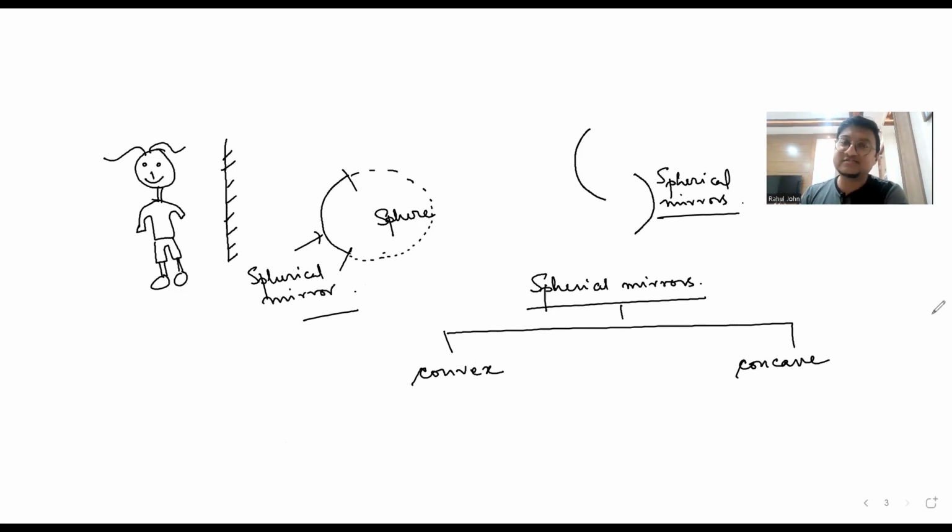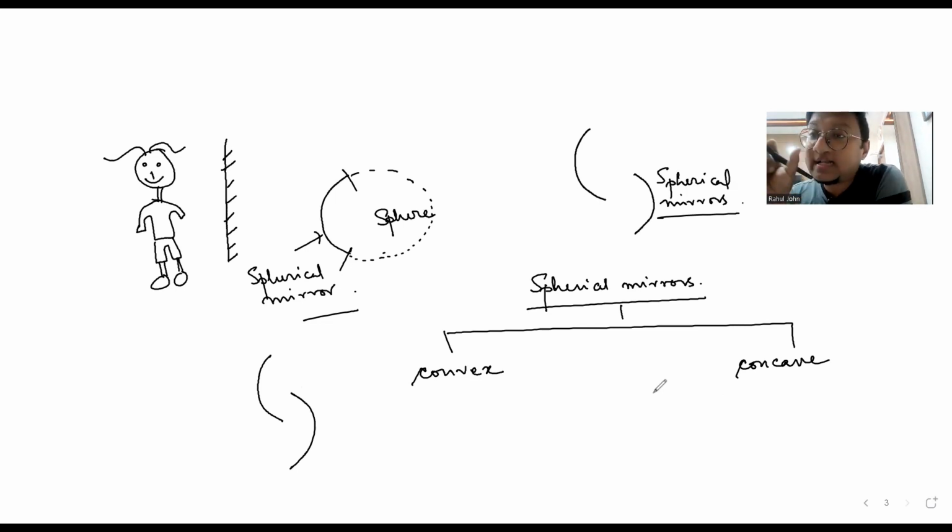Now, many of the students, even I, at one point of time, always had the confusion whether this is convex or concave. So, I'll give you a small trick to remember.